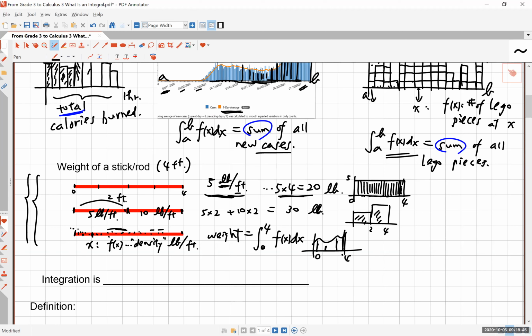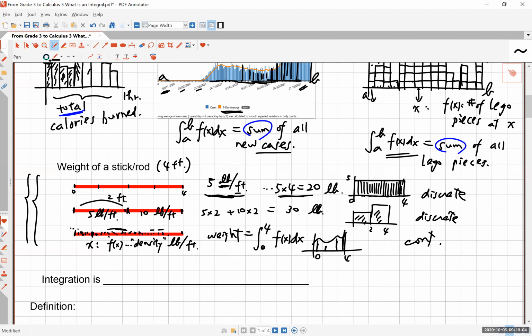Okay, so what in the world is an integral? You went from discrete, this is a discrete sum, this is a discrete sum, and this is continuous. What you're doing is adding the value f(x) at every single point x, in a sense.